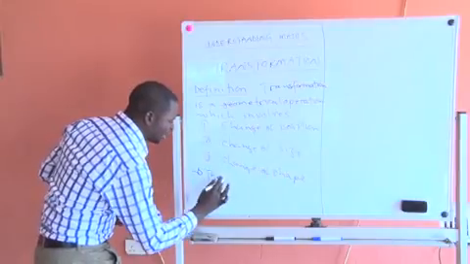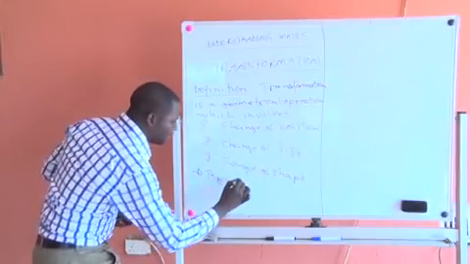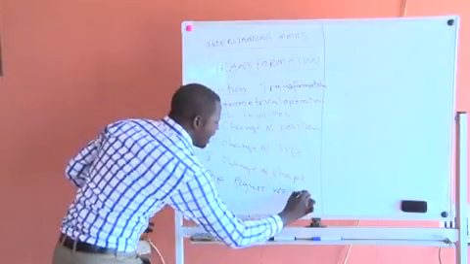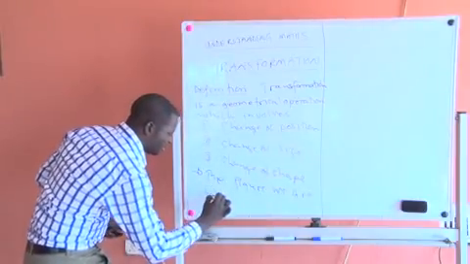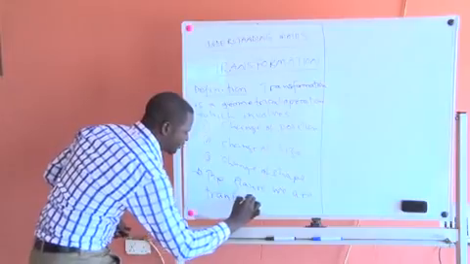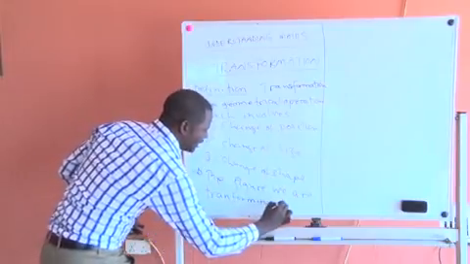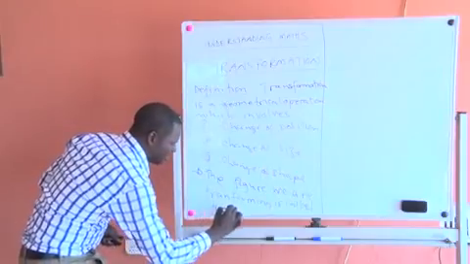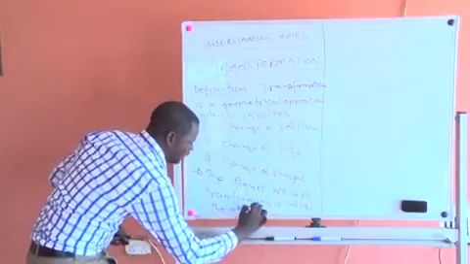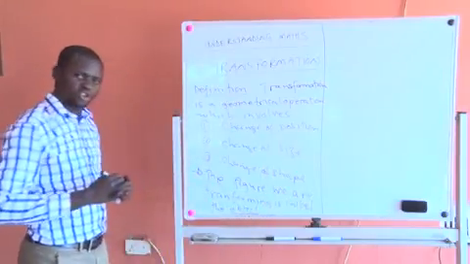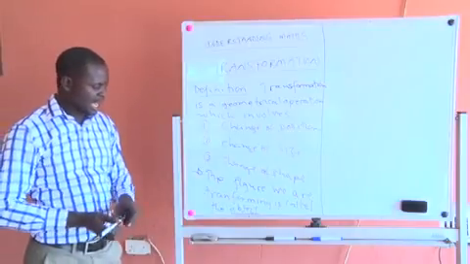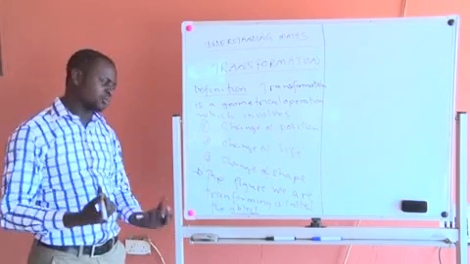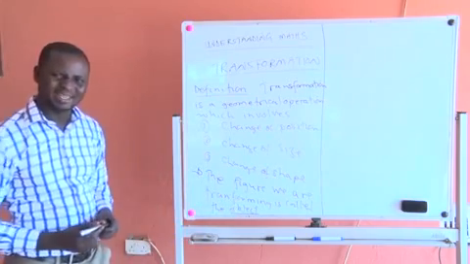Now you need to remember the object, the figure we are transforming. The figure we are transforming is called the object. So what you are transforming is called the object. And the result you get after transforming the object is what we call the image.